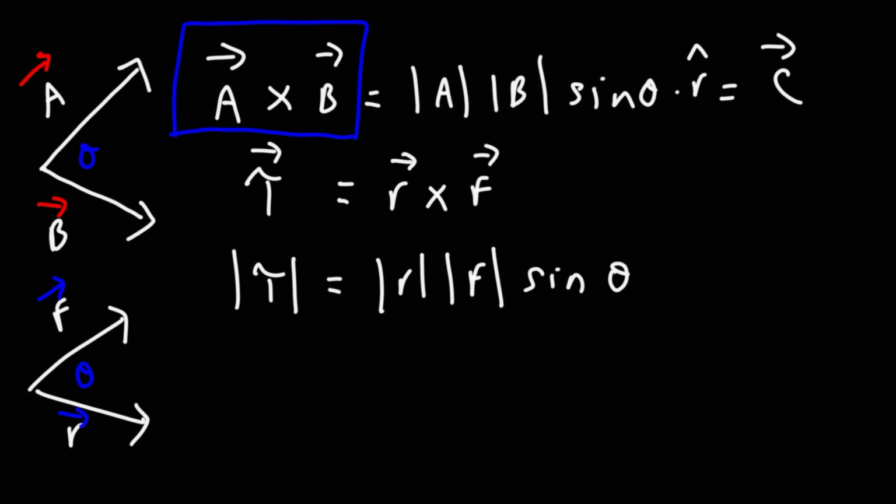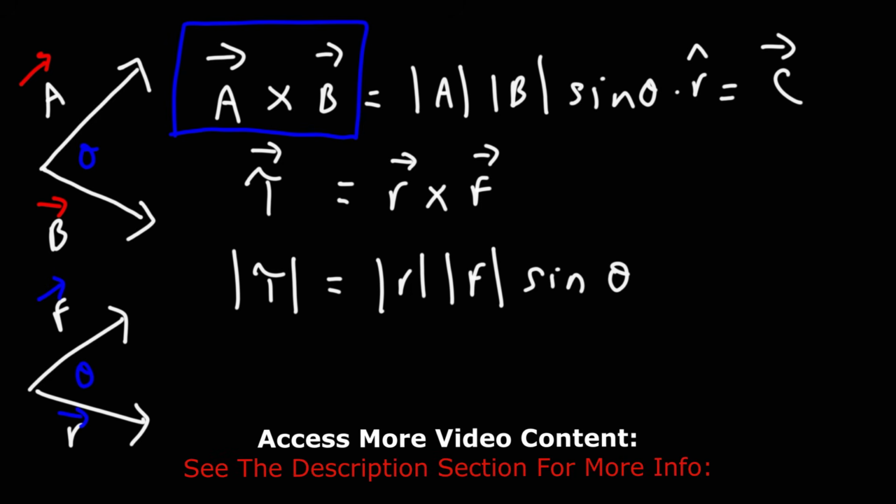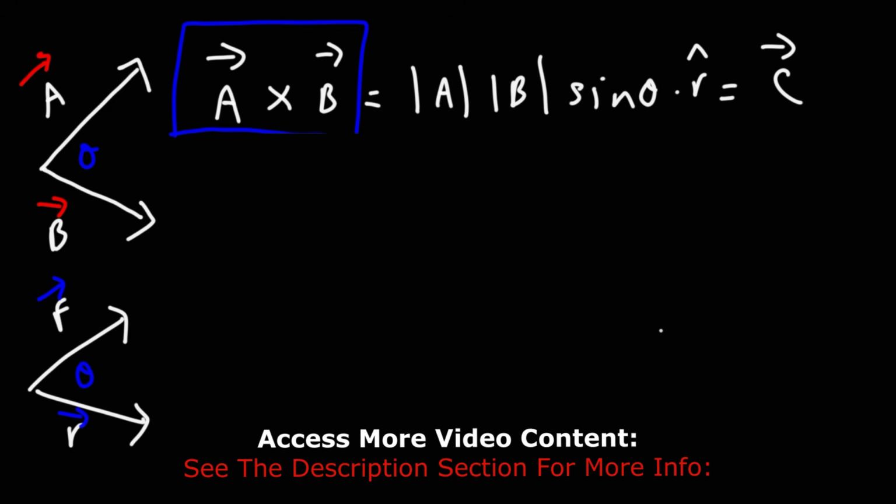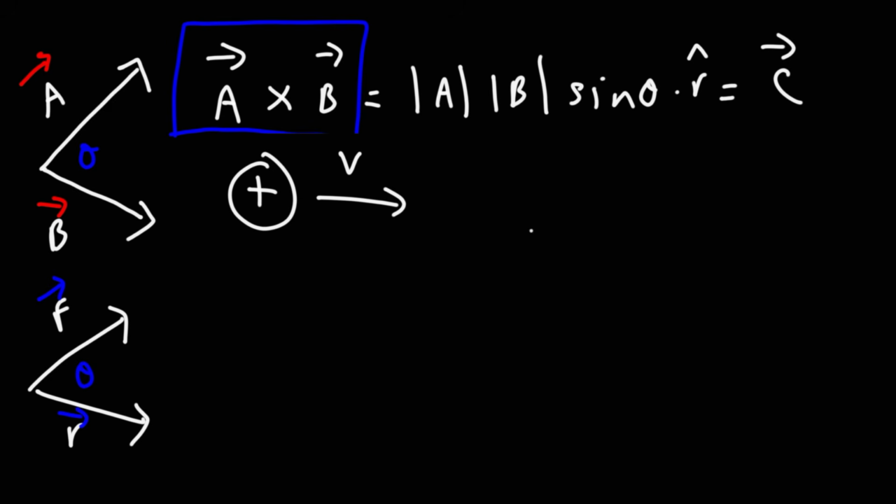Another example is the magnetic force on a moving charge. So let's say you have a charge like a proton, and it has a velocity vector v, and it's moving in the magnetic field B. The magnetic field will exert a magnetic force on its charge.